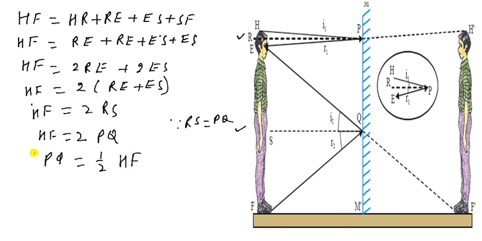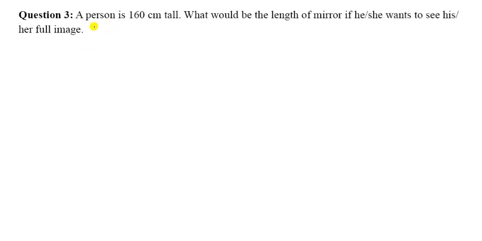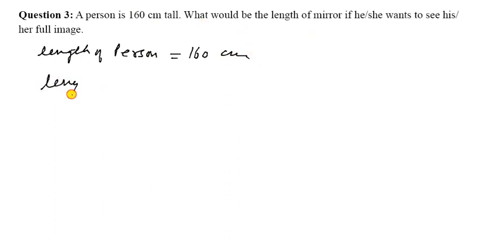As you know, RS is the length of the mirror, that is PQ. So HF is equal to 2 PQ, and PQ is equal to half of HF. That is the relation between the size of the mirror and the height of the man or woman. Now come to this question.